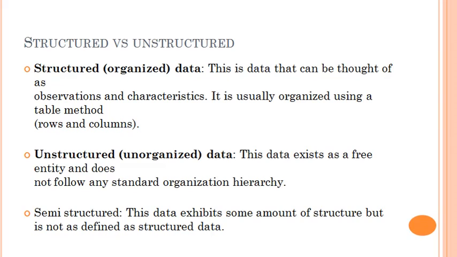It is usually organized using a table method, so we also call it a relational database, because a relational database consists of a number of tables. The data is stored in tables in the form of rows and columns. So structured data will mostly be relational data, and the storage will be in the form of tables consisting of different rows and columns.